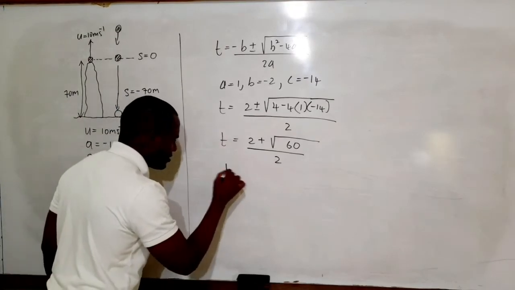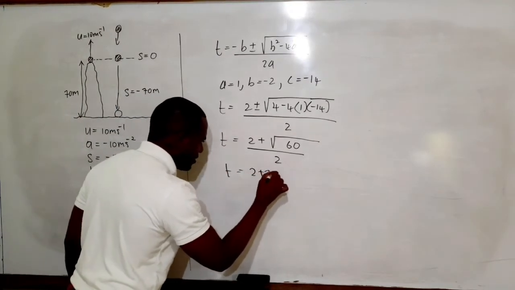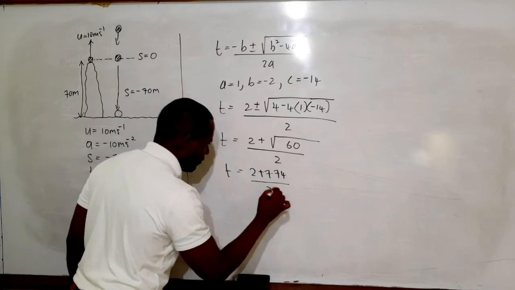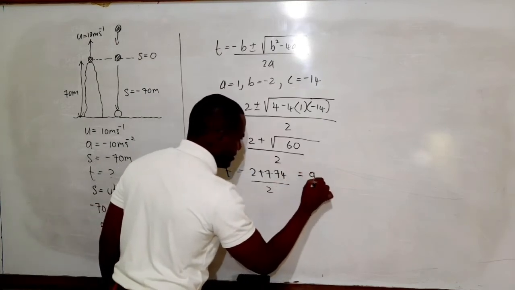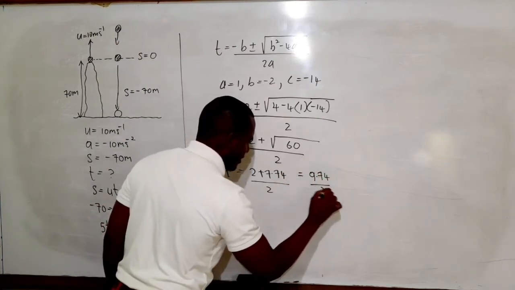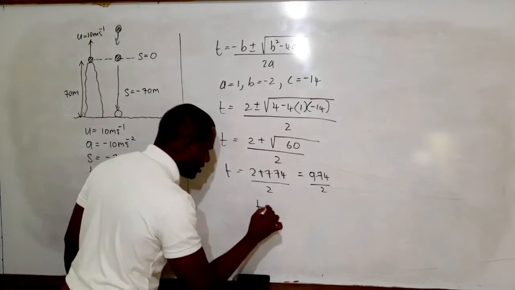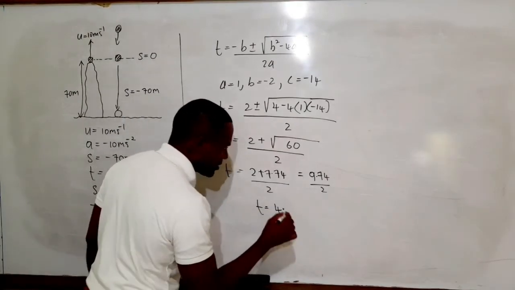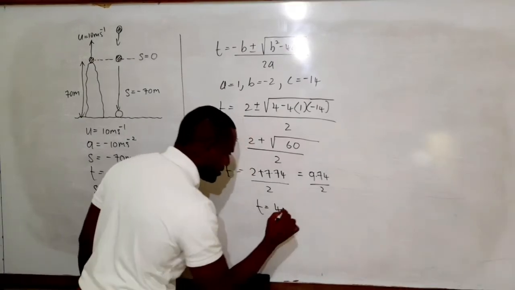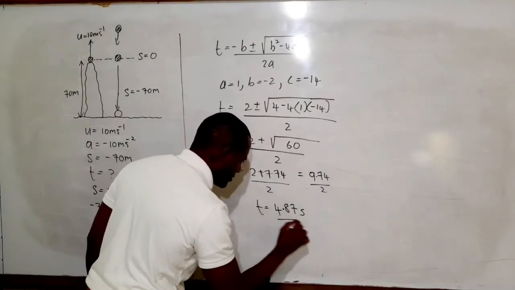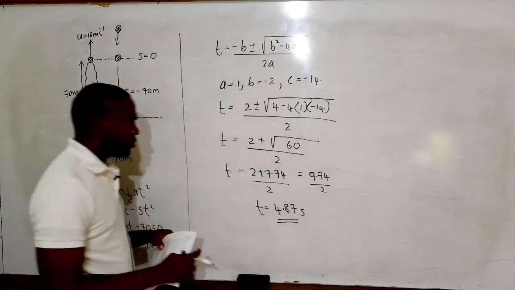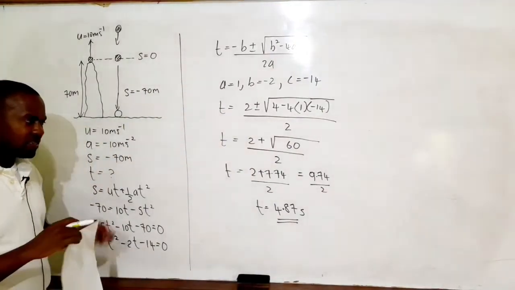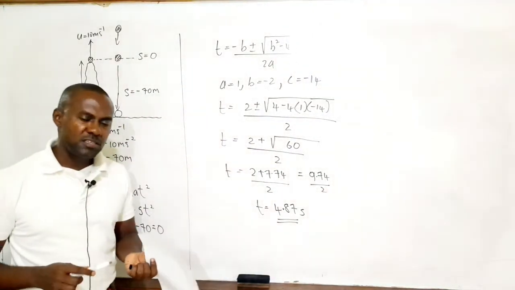So t is equal to 2 plus 7.74 all over 2, which gives us 9.74 divided by 2. So t is equal to 4.87 seconds. Therefore, the stone takes a time of 4.87 seconds to strike the sea.